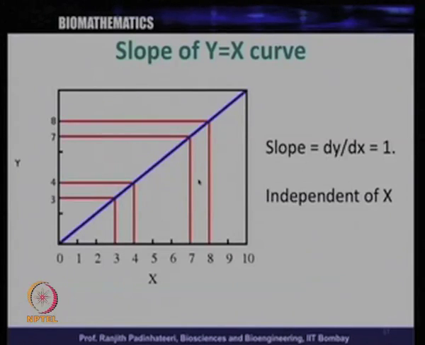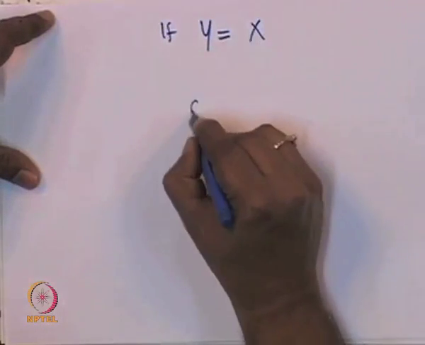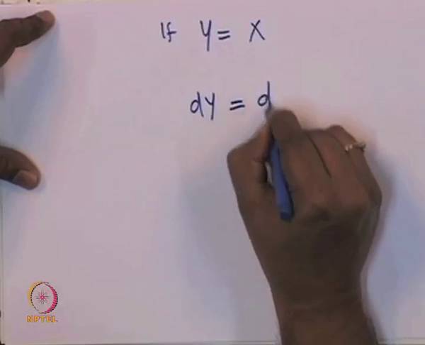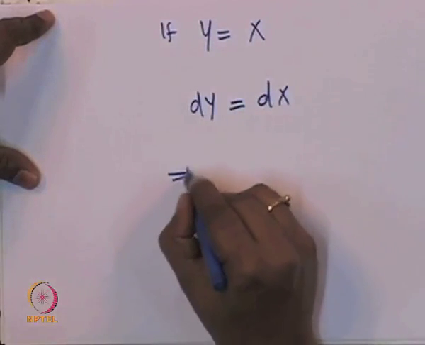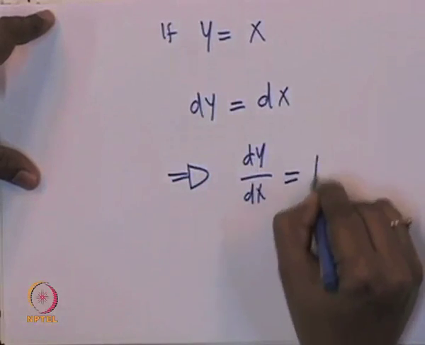Plot yourself a y equal to x curve on a graph sheet. Take some small interval dx and see what the corresponding dy interval is, and you will find that they are equal, dy equal to dx. In other words, dy by dx equal to 1.